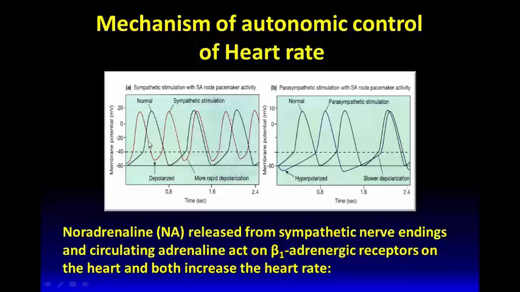The one in red color is the pacemaker activity with sympathetic stimulation. So with sympathetic stimulation, the pacemaker potential takes shorter time to reach the threshold level. Hence, the sinoatrial node, the pacemaker of the heart, fires high frequency action potentials and the heart rate increases.